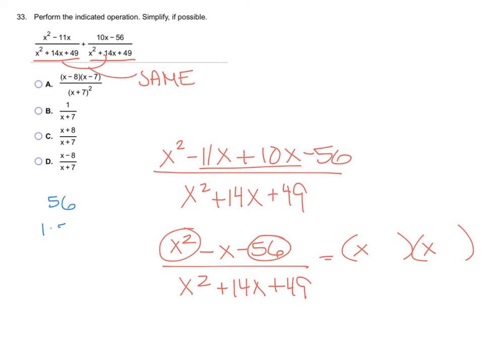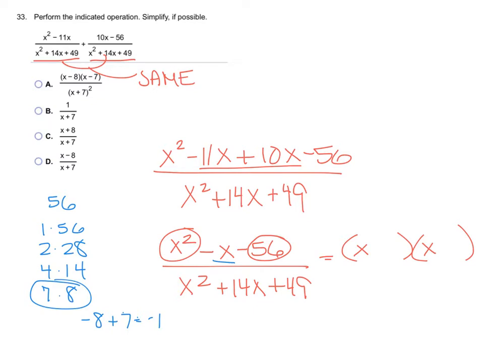We have 1 times 56, 2 times 28, 4 times 14, and 7 times 8. Now we'll look at the middle term, and I want to combine the factors in a way that gives me a negative 1. So I can combine the 8 and the 7 to give me a negative 1. In order for that to happen, I need a negative 8 and a positive 7, and I'll get that negative 1.